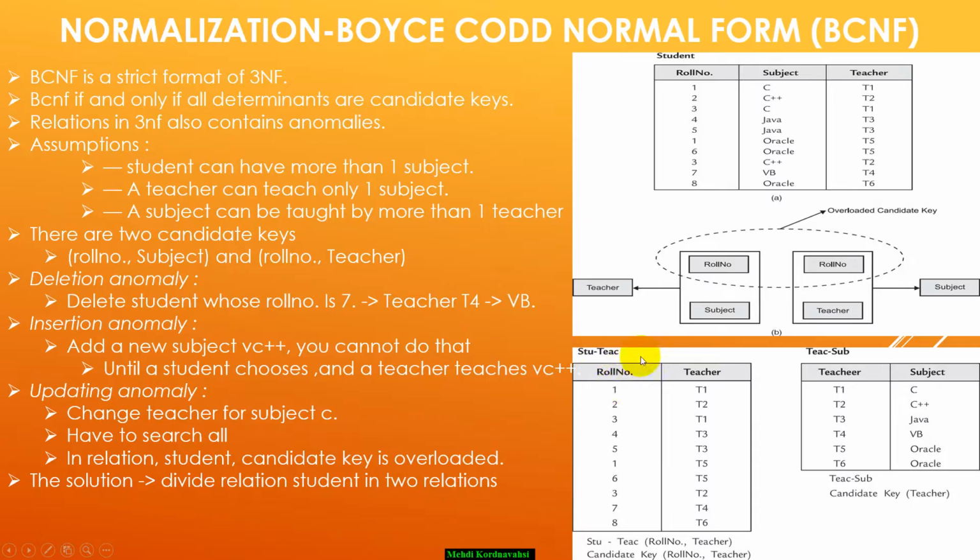This table is a relation between roll number and teacher, and here is another relation between teacher and subject. In this solution, all determinants are candidate keys. We say this is in BCNF normal form.